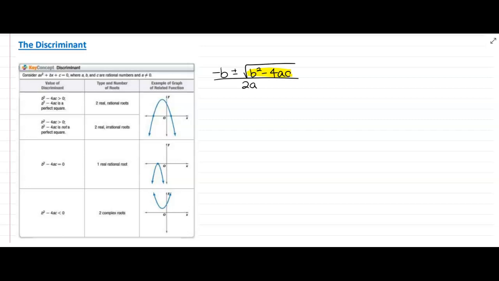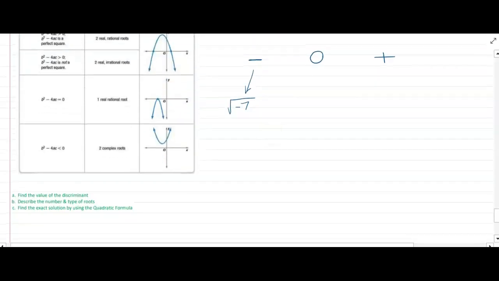Remember, a number can be one of three things. It can be negative, it can be 0, or it can be positive. If a number is negative, imagine what a negative number under a radical looks like. I'm going to just pick a number, negative 7. Radical negative 7, you'll remember from step 11, is an imaginary number.